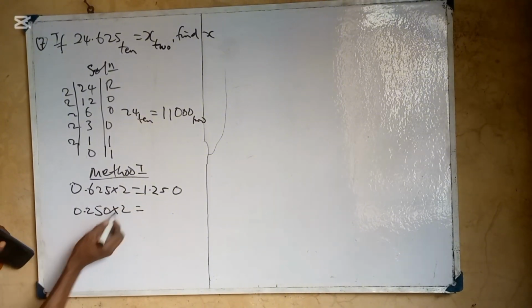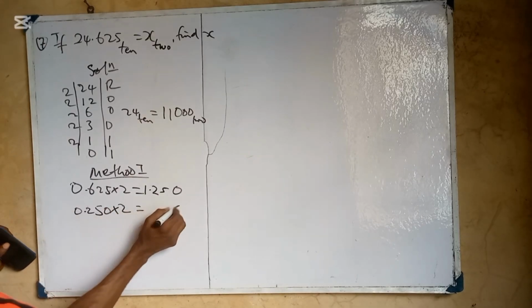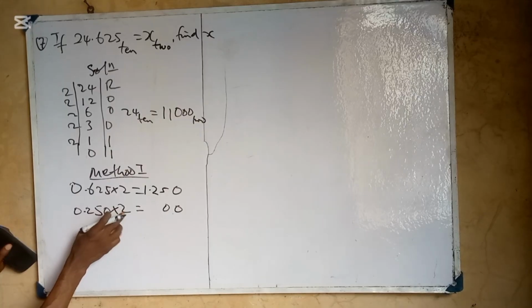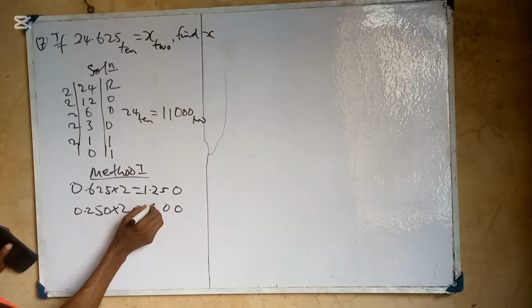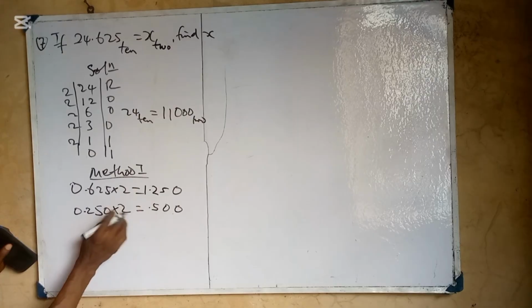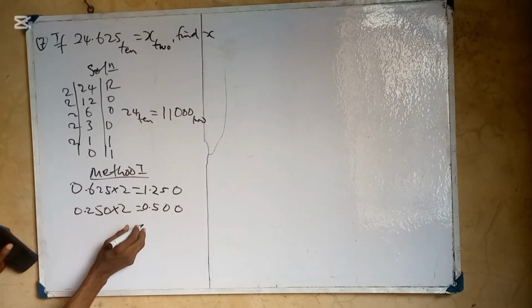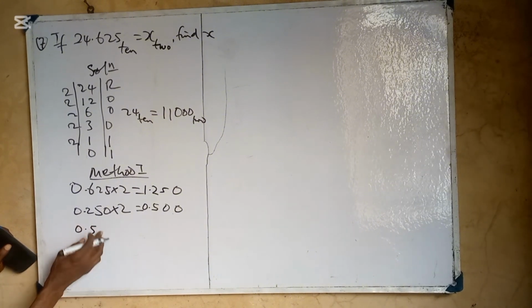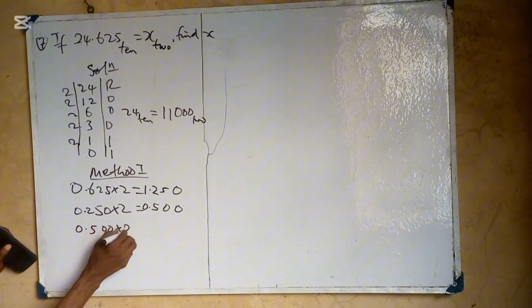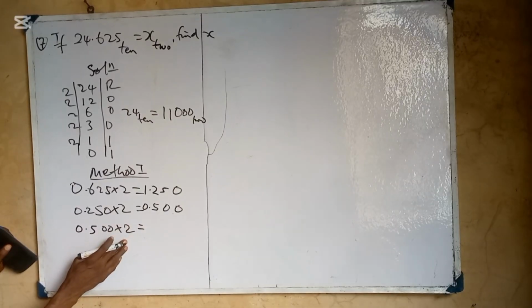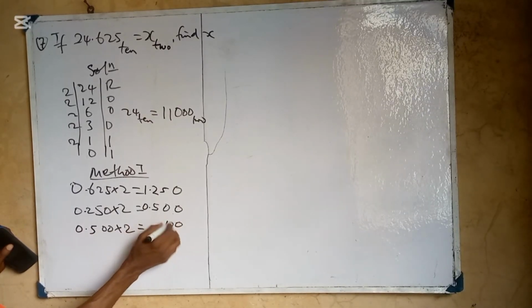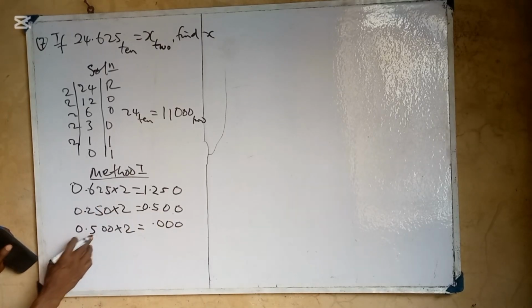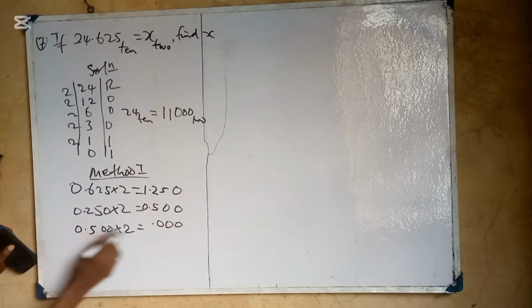Now this times this gives you 0, 2 times 5, 10, carry 1. 2 times 2, 4 plus 1, 5. Then 2 times 0 is 0. Alright. Then I have 0.5. So as usual, I can put 2 zeros here, the same thing, multiply 2 times 5, 10, carry 1, 2 times 0, 0 plus that 1, 1.